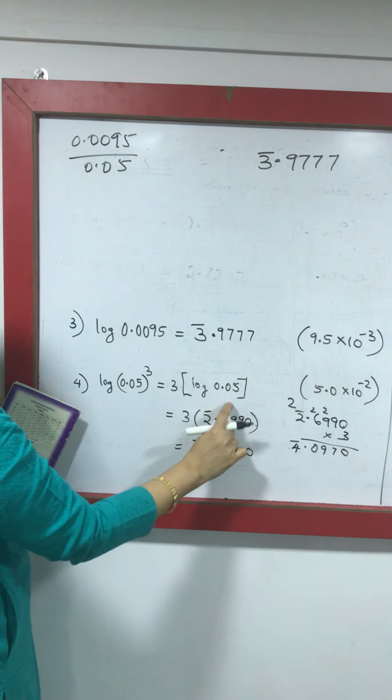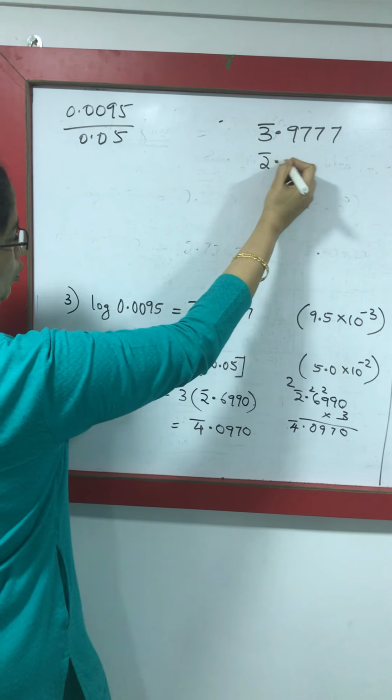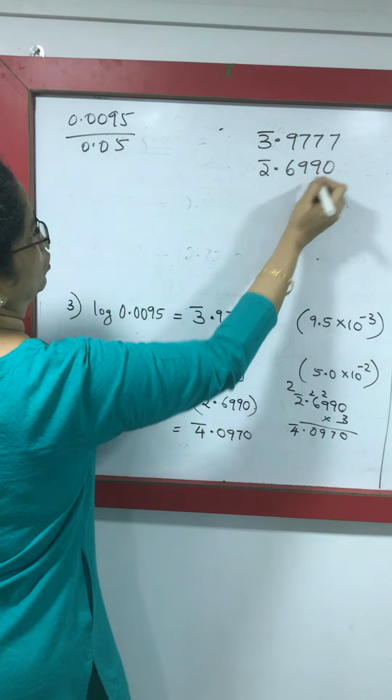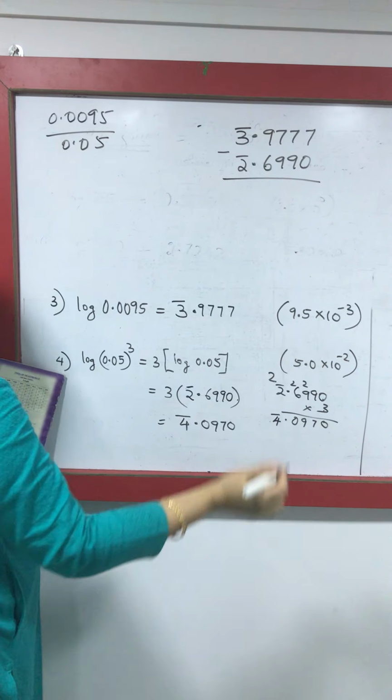Log of 0.05 is bar 2.6990. Now they are in the numerator and denominator, so we have to subtract them.